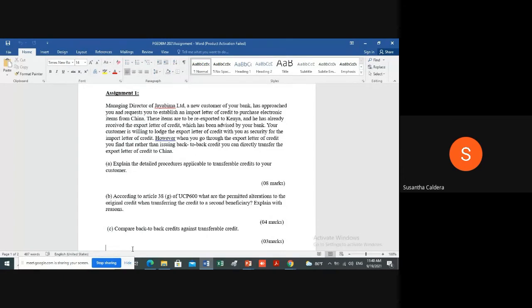So you want to import electronic items from China and re-export to Kenya. For that second one also you have got an export letter of credit. Your customer is willing to lodge the export letter of credit with you as security for the import letter of credit.